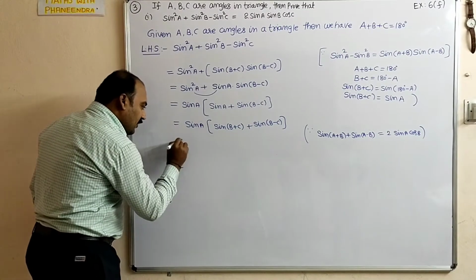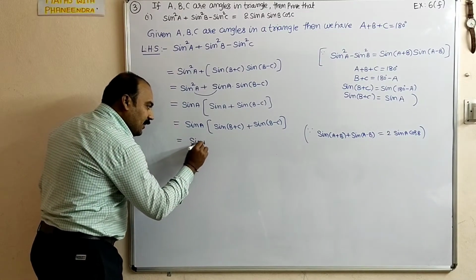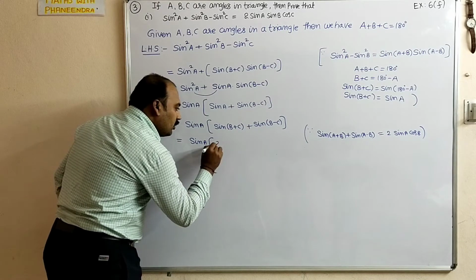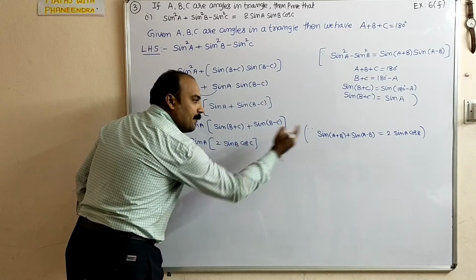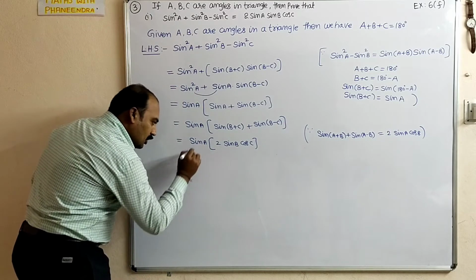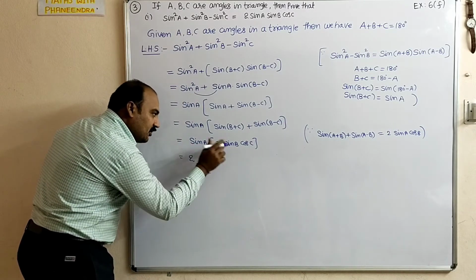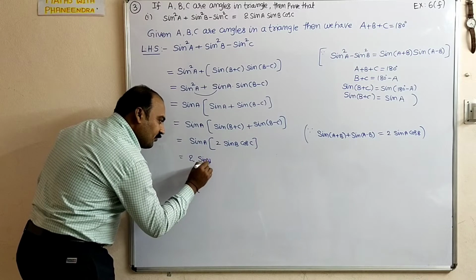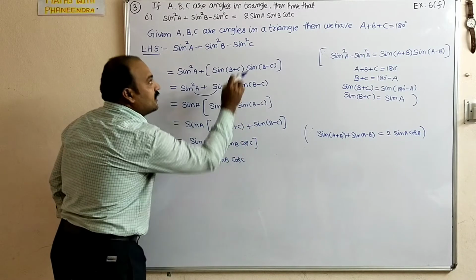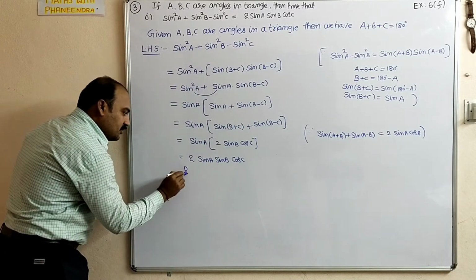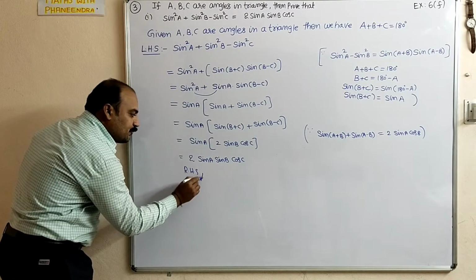So this bracket value becomes sin A into 2 sin B cos C by applying the formula. So 2 constant, first sin A, after that sin B into cos C. This is the required RHS, they are asking us to prove that. So it is the required RHS, hence proved.